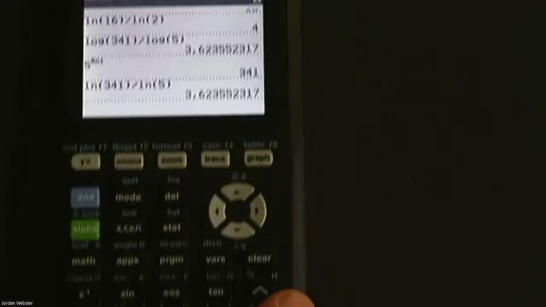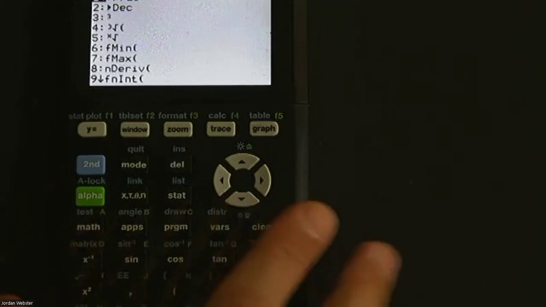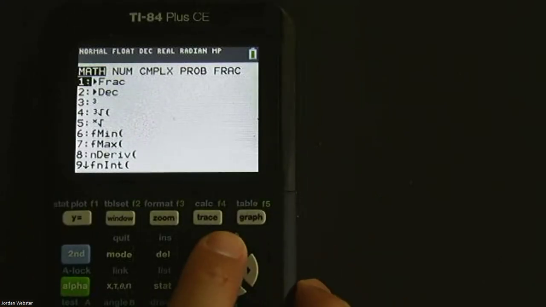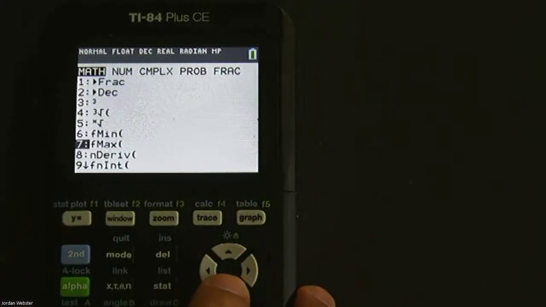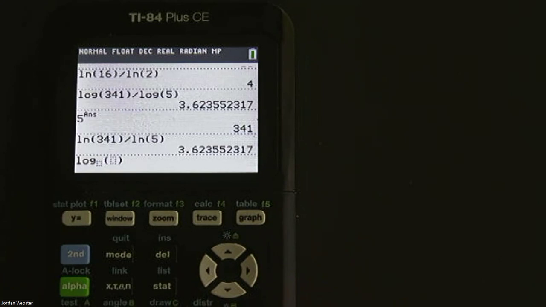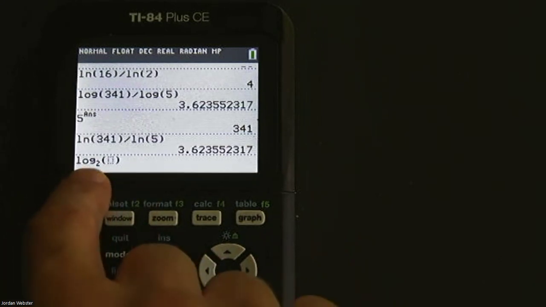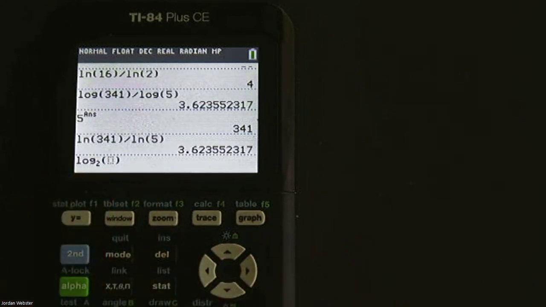Like I said, to get a log base 2 without having to use a change of base rule, I hit math and then I scroll all the way down to letter A. That's log base. In my calculator, it gives me this look. So I put a 2 as a subscript and then a 16 in as the argument.